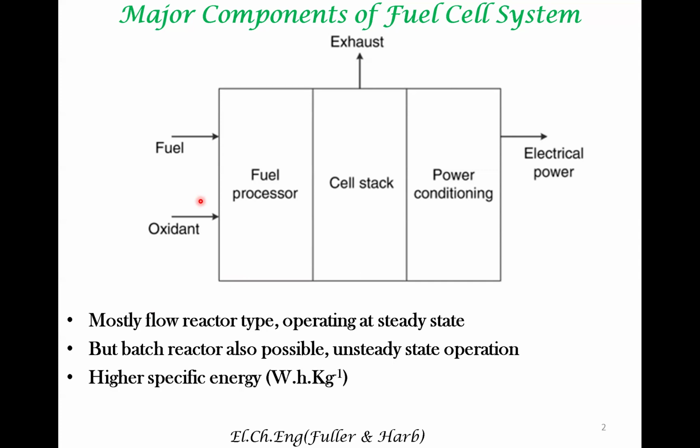The comparison between batteries and fuel cells has been on for many, many decades, more than 100 years. What is more useful, whether battery or a fuel cell, depends upon the context.